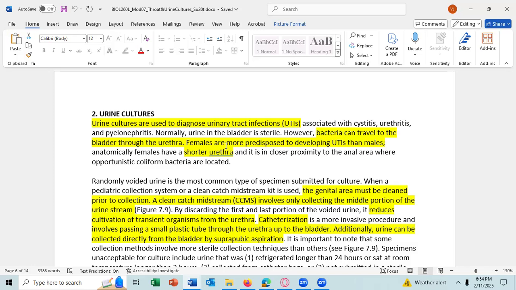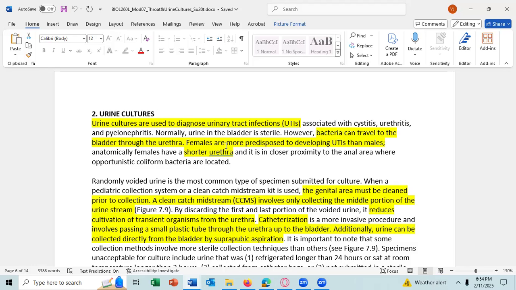I don't know about males because I've never found anyone who ever did any research looking for bacteria in the urine in the bladder in males. I don't know why, but as far as I know, no one's done the research, or at least they've not published it.